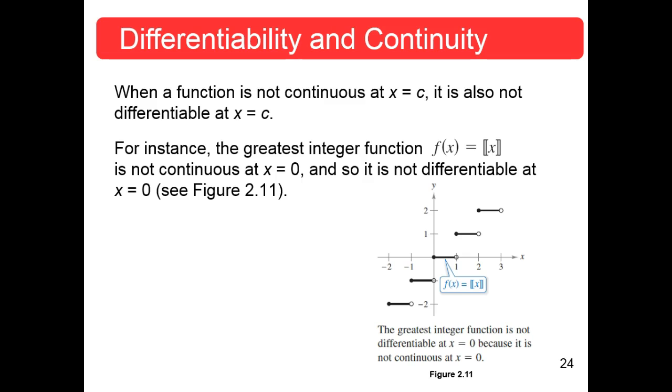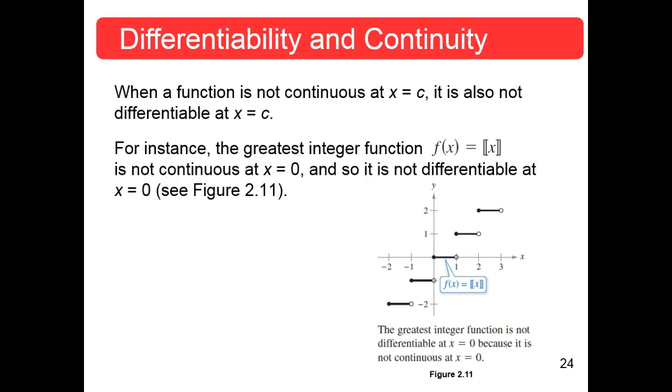For instance, this greatest integer function, they love this function, f of x equals greatest integer in x, is not continuous at any of your integers. Not at 0, not at 1, not at 2, not at 3.